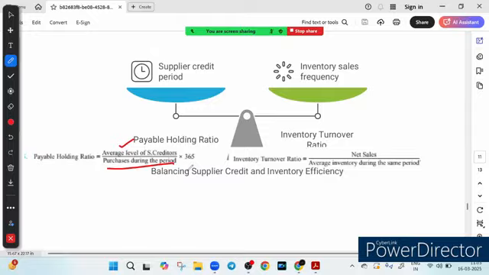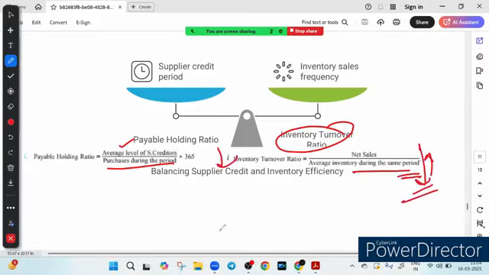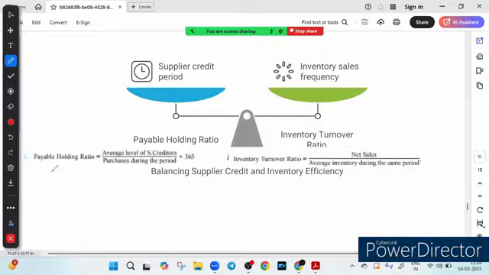If this ratio is higher, it means your inventory moves fast, reducing holding cost. If average inventory increases, this ratio will decrease, and if average inventory decreases, the ratio will increase. A low turnover means risk of unsold stock, leading to cash being stuck in inventory. This ratio will be lower only when inventory is higher. That is why we have inventory in the denominator.